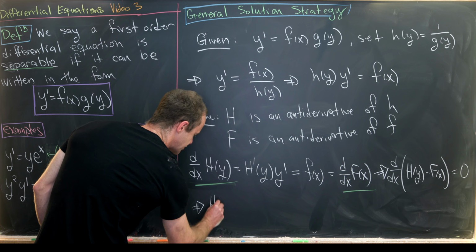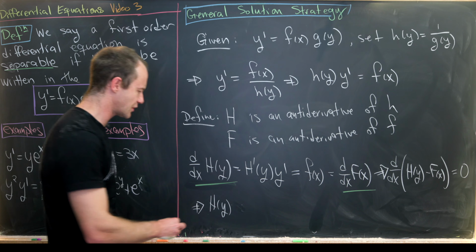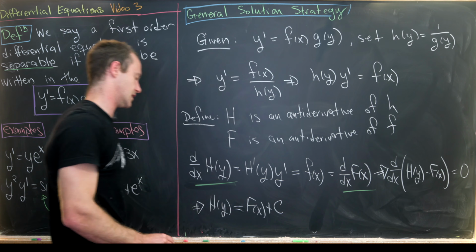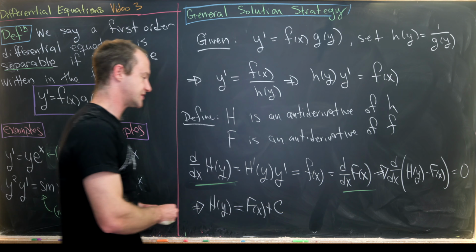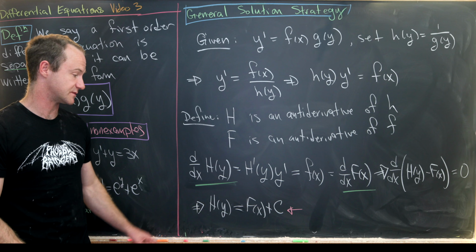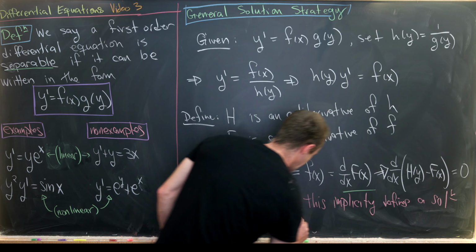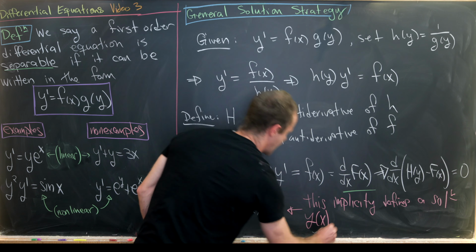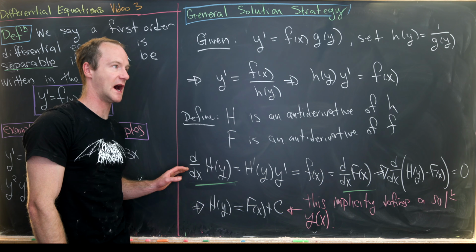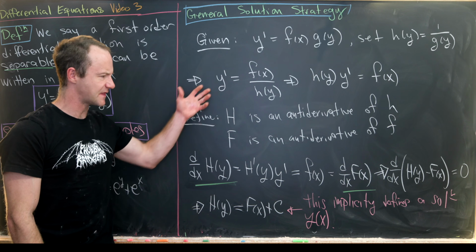So we have H evaluated at y minus F of x equals a constant, but I'm going to rewrite that as H of y equals F of x plus a constant. And now what we have achieved is an implicit definition of y in terms of x. So let's write that down. This implicitly defines a solution, which I'll just call y of x. And sometimes you may be able to explicitly solve for y as a function of x, but other times you may not.